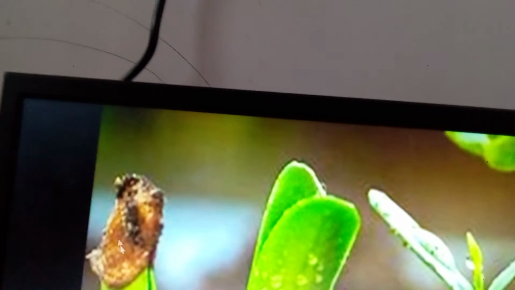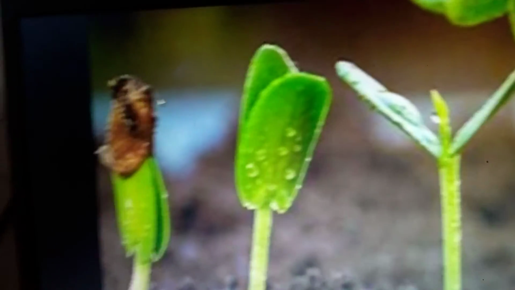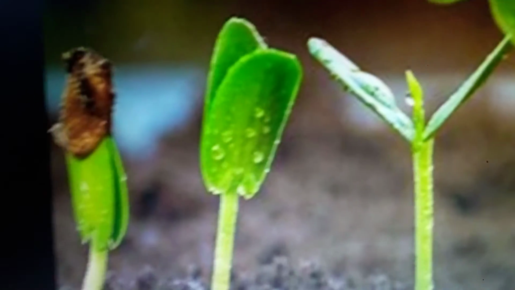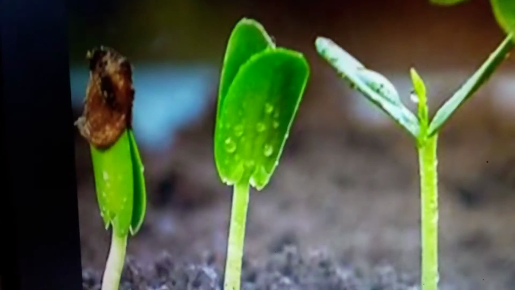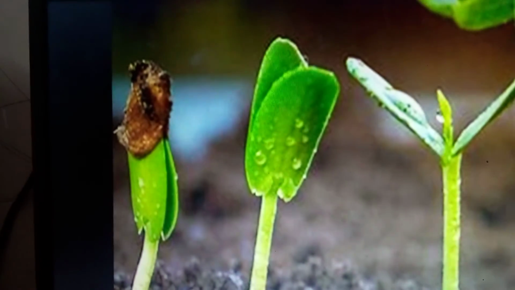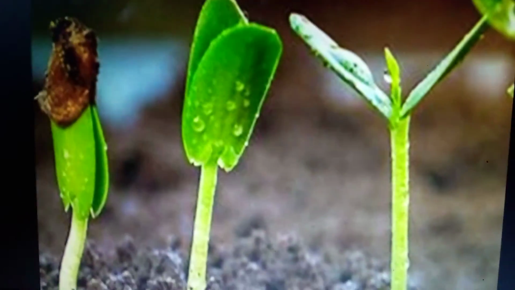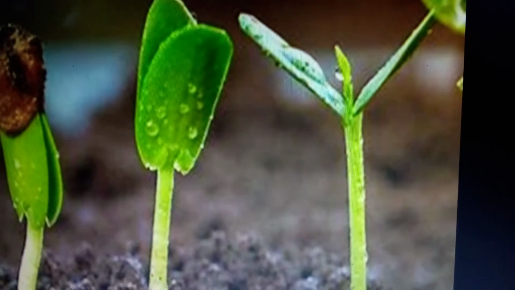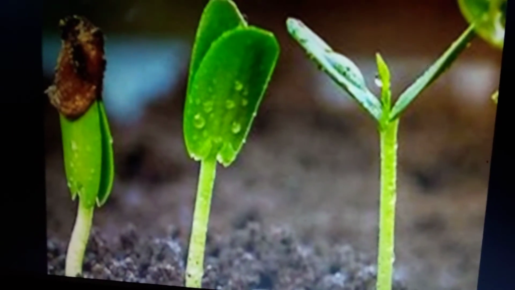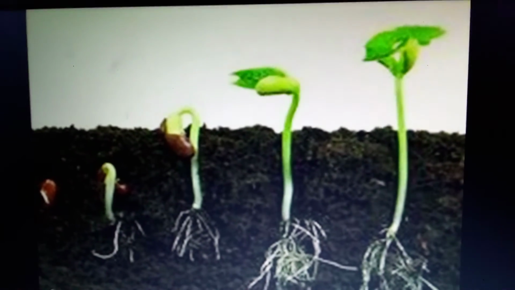Its position is like this, and when it grows after 2 days, you see its position is like this, and after some days its position is like this. This is also an example of germination.